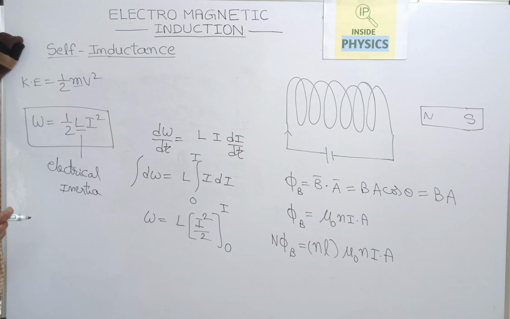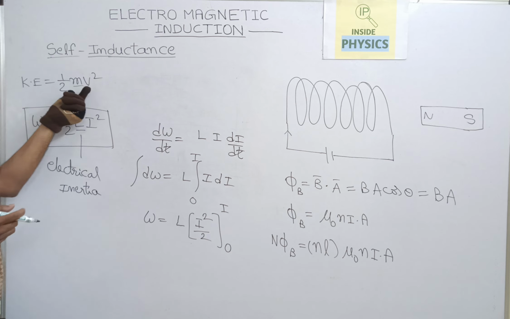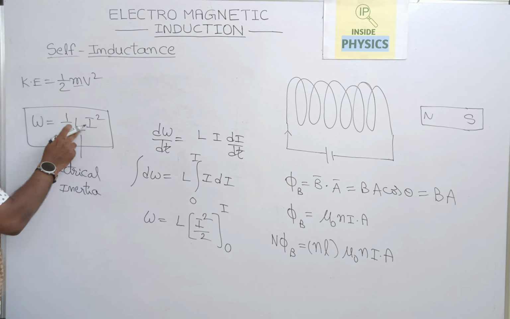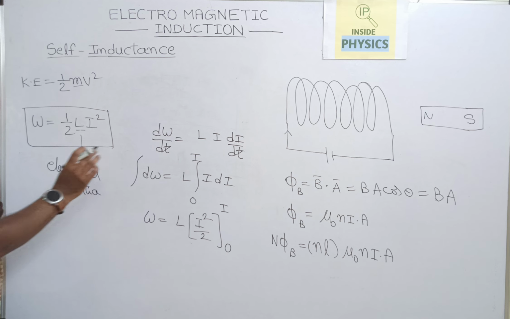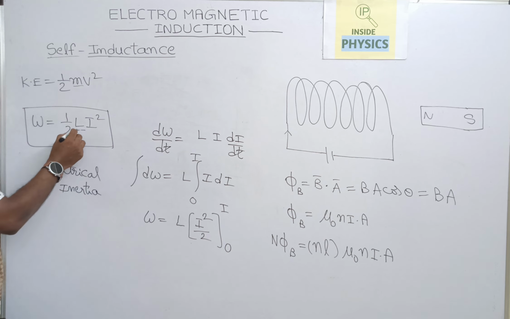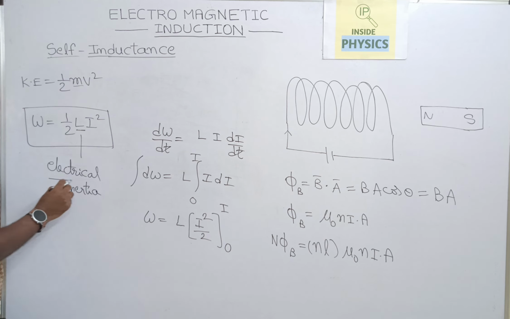We have three types of inertia. Just as the mass causes inertia to oppose the motion of objects, here the L opposes the current to increase or decrease. So this can be considered as electrical inertia.